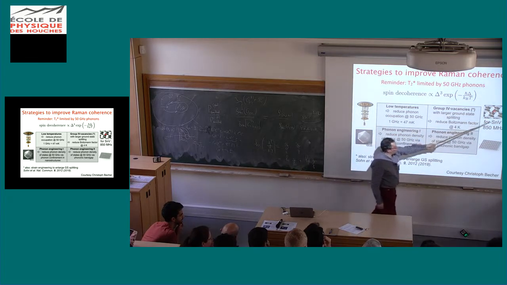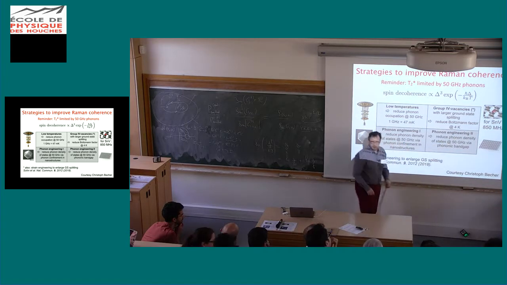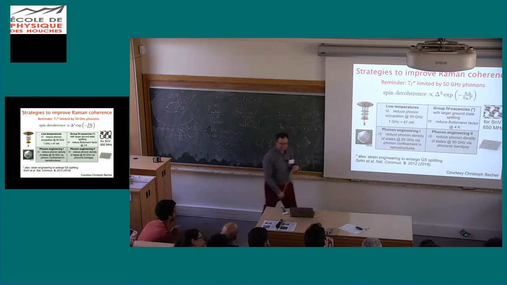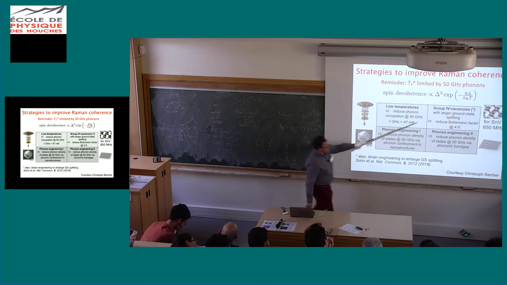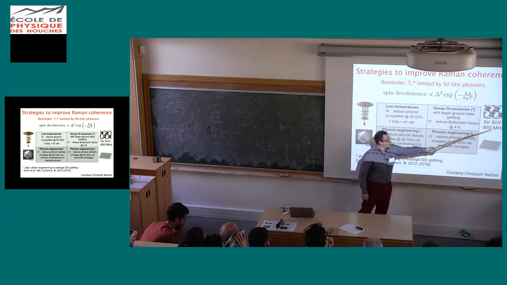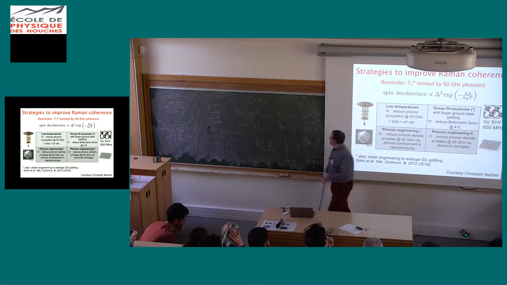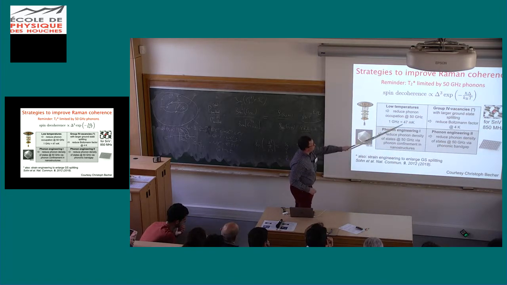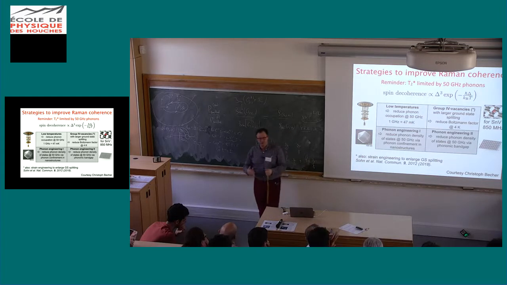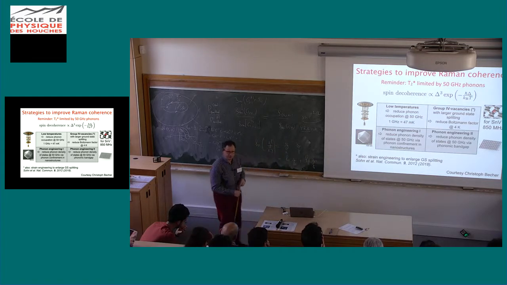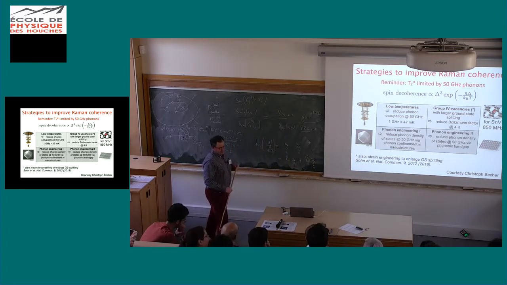For instance, for the tin vacancy defect, this ground state splitting is now almost 1 gigahertz, and it means that you will reduce very efficiently the interaction with the phonons.